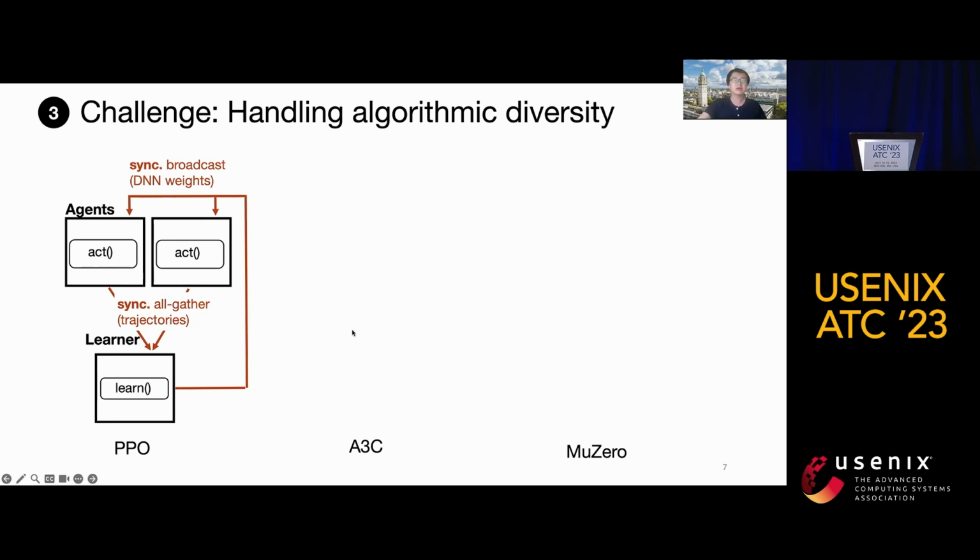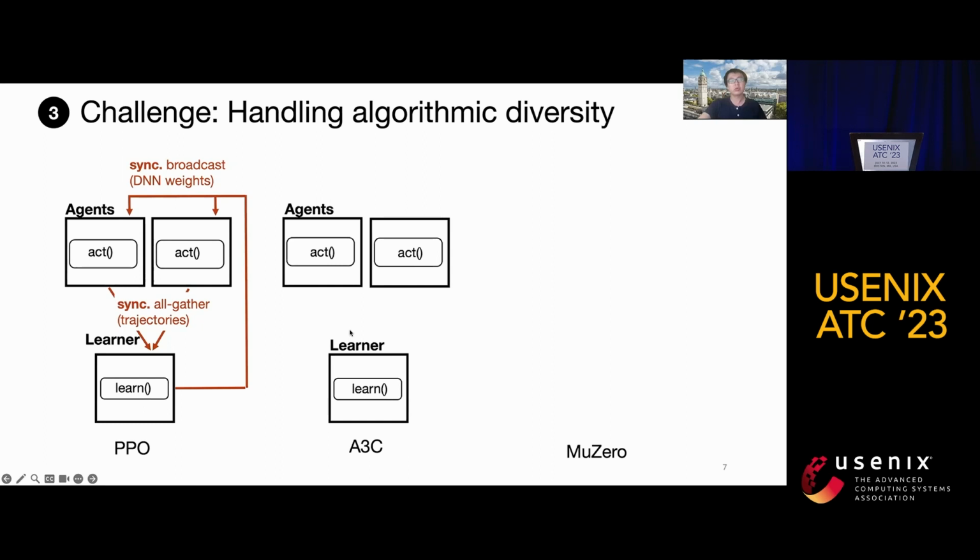On the other hand, the A3C algorithm also contains multiple agents and a learner, but it communicates between the agents and the learner through asynchronous send and receive operators, that is, point-to-point communication. Therefore, this algorithm has very different communication requirements from PPO.